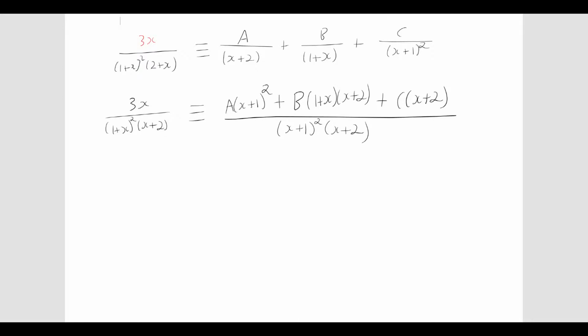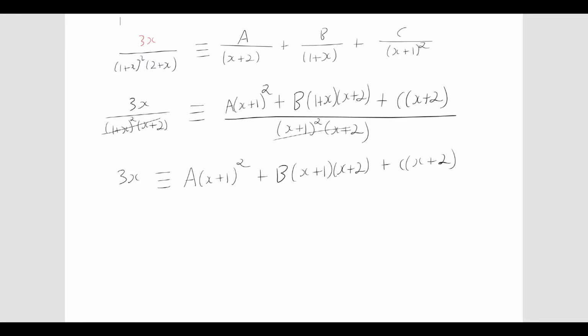I'm multiplying both sides by the denominator, which will essentially cancel it out, leaving me with 3x is equivalent to a bracket x plus 1 squared plus b bracket x plus 1, x plus 2, plus c bracket x plus 2.